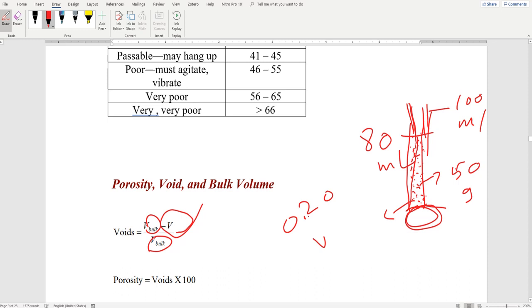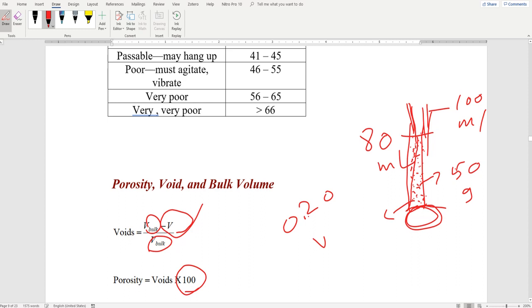Now, when I say the voids are 0.2, of course it can be without meaning for some people. But when I say it as a percentage, by multiplying it by 100, it becomes 20% voids. When I multiply the voids by 100, we call this term porosity.